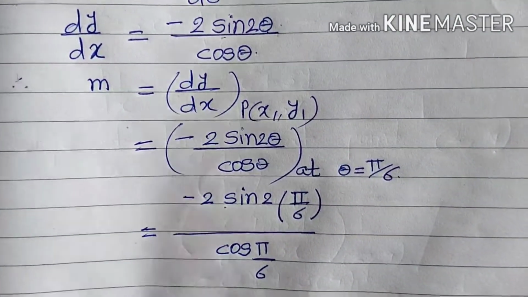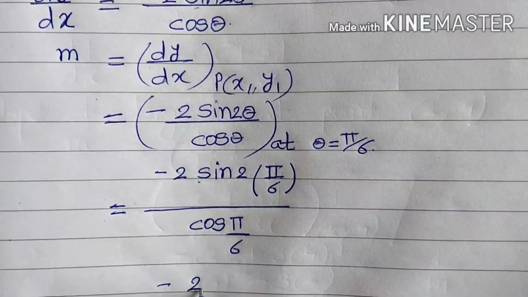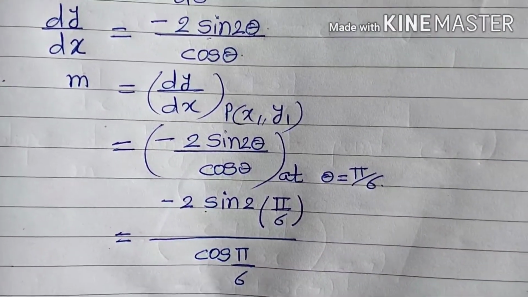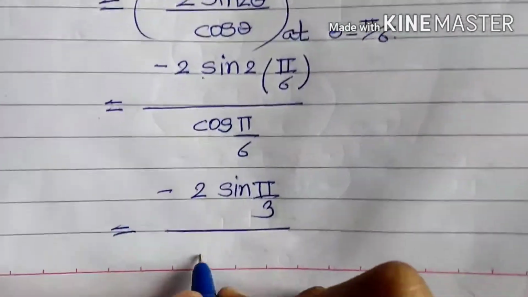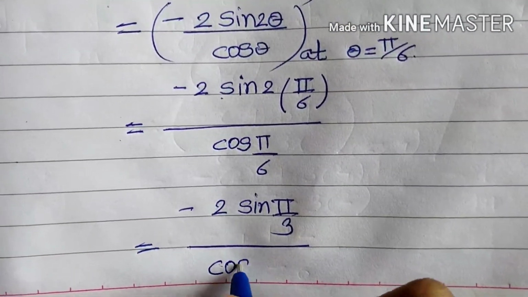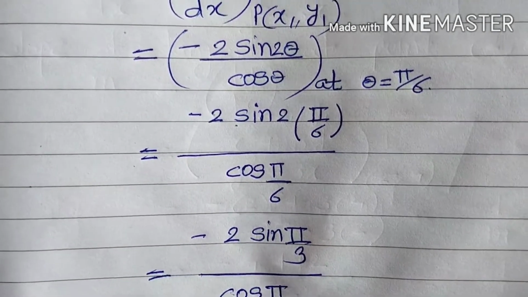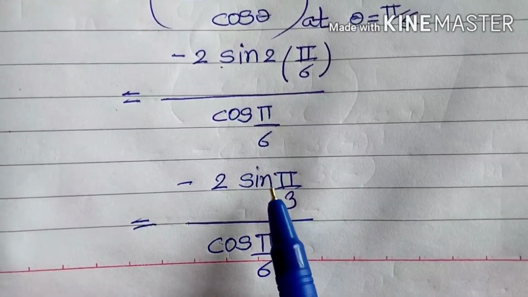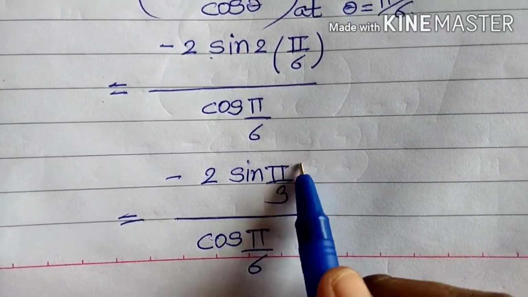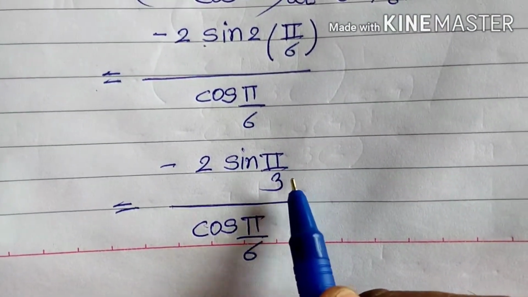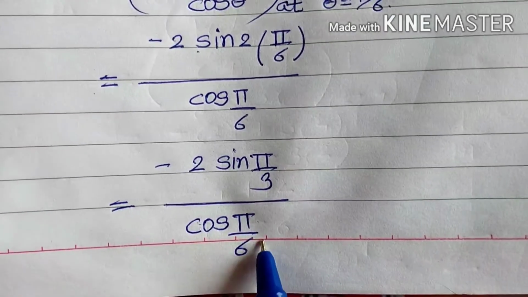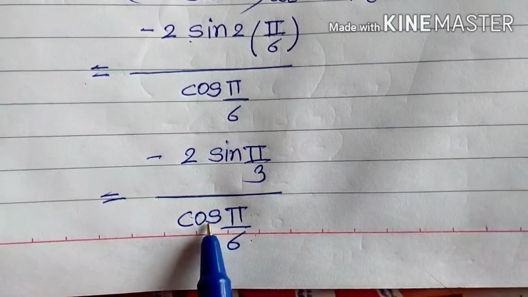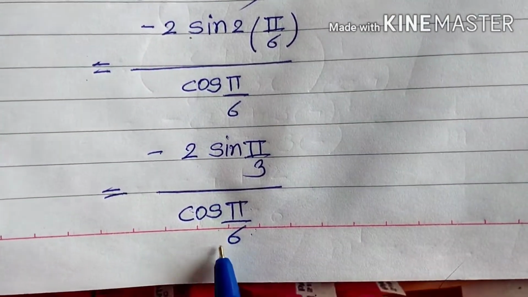We know that the values, minus 2 sin pi by 3 upon cos pi by 6. We know that the value of sin pi by 3, sin pi by 3 means sin 60, and the value of sin 60 is root 3 upon 2, and cos pi by 6 means cos 30, and the value of cos 30 is root 3 upon 2.